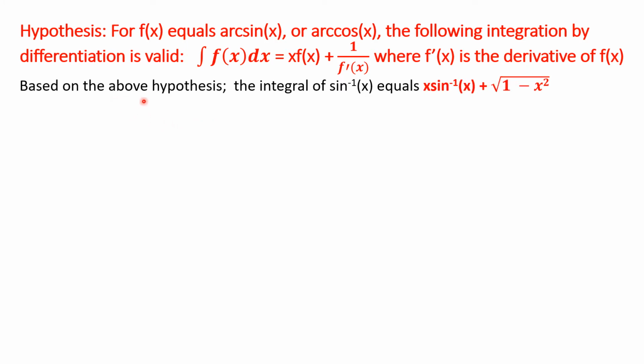Based on this hypothesis, the integral of sine inverse of x, that means we're taking f of x as sine inverse of x, will be equal to x sine inverse of x plus the square root of 1 minus x squared, where you can map them one to one. The x maps with this x, f of x is sine inverse of x, and 1 divided by f prime of x is actually the square root of 1 minus x squared.